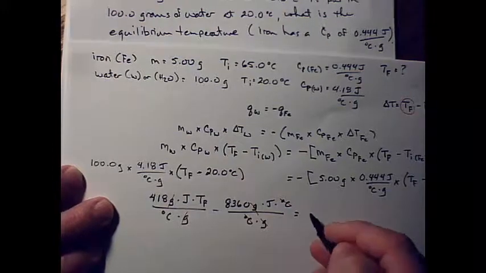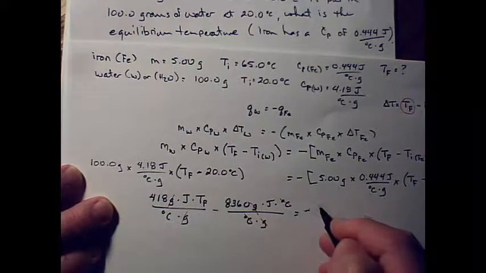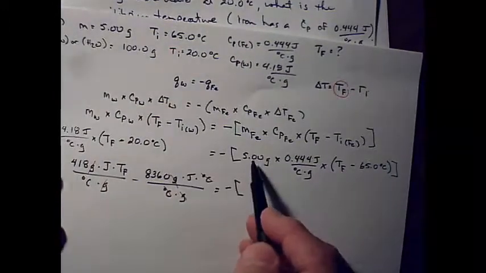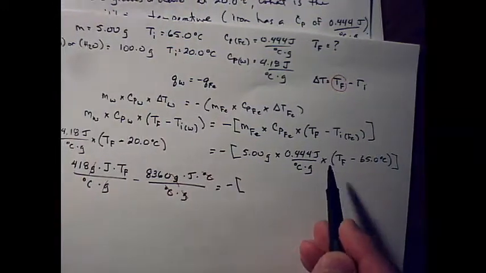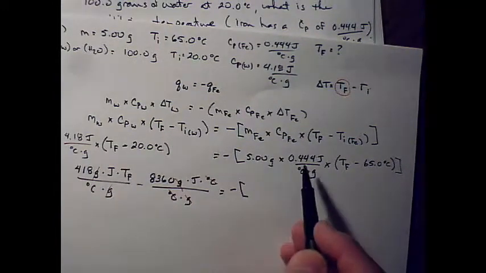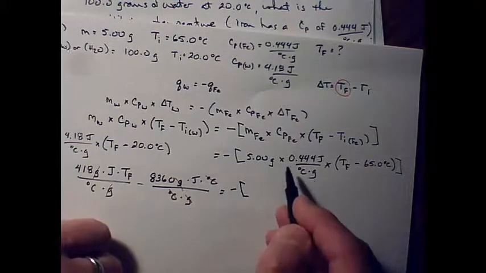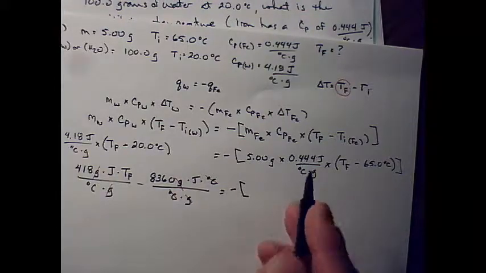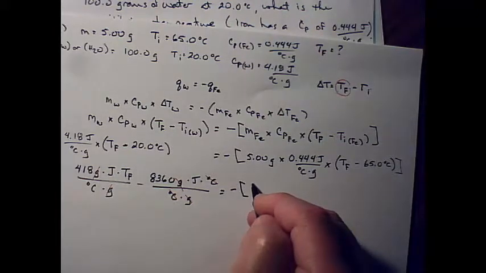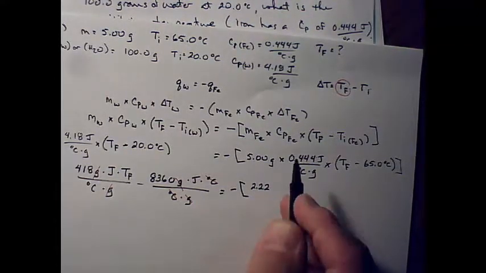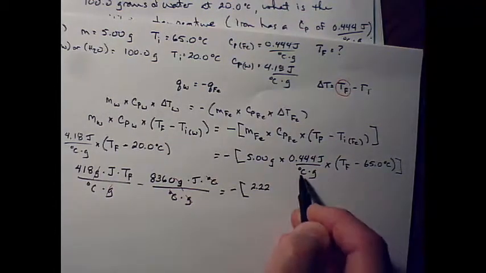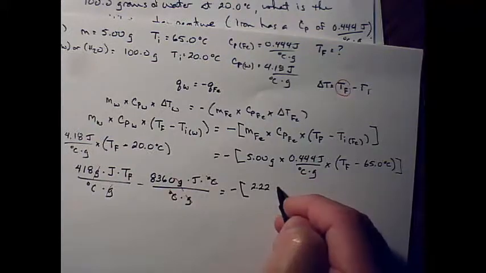Then, on the other side of the equation, we've got a negative sign here. And we take this term times this term times this term. And then we're going to subtract this term times this term times this term. So 5 times 0.444 comes out to be 2.22. And the units we have left are grams, joules, TF, over degree C, and grams.